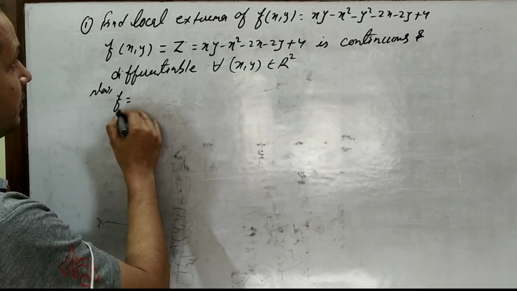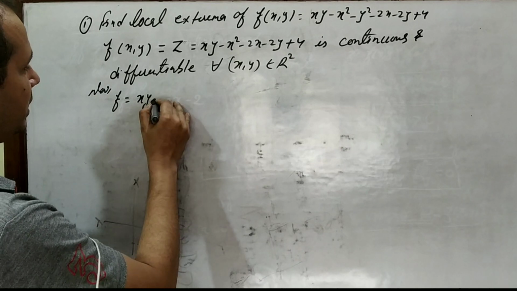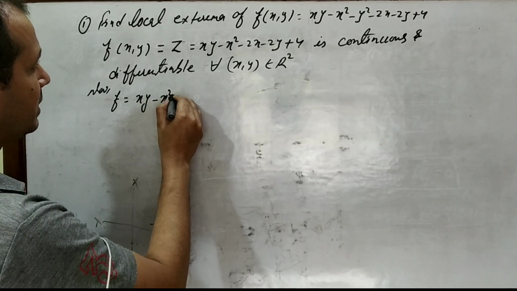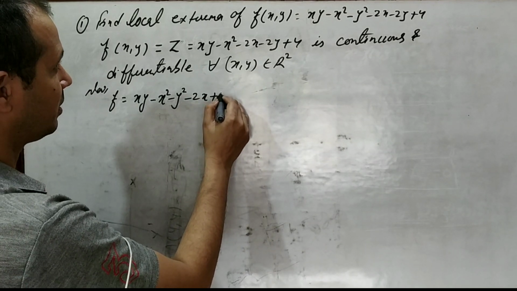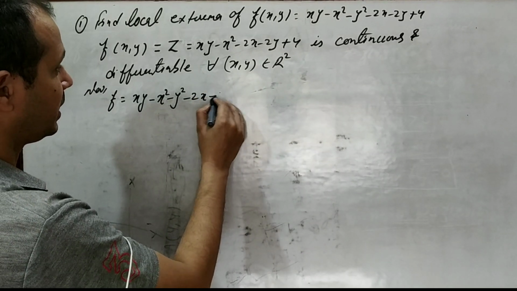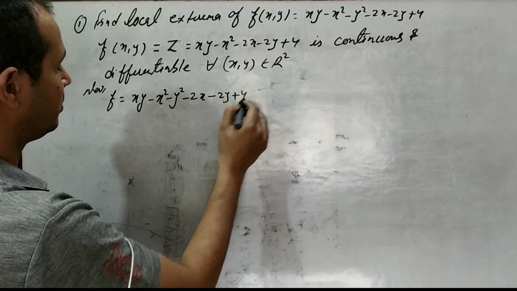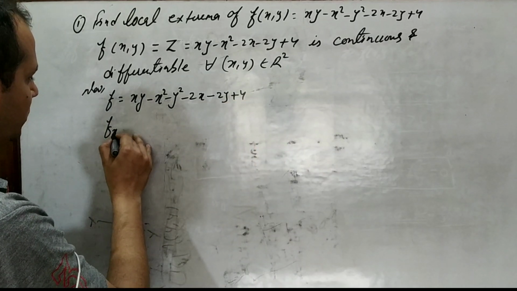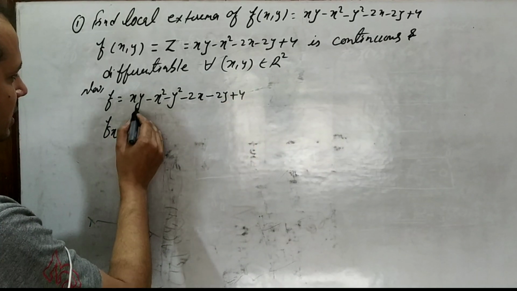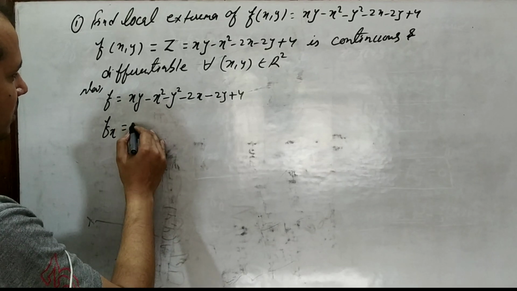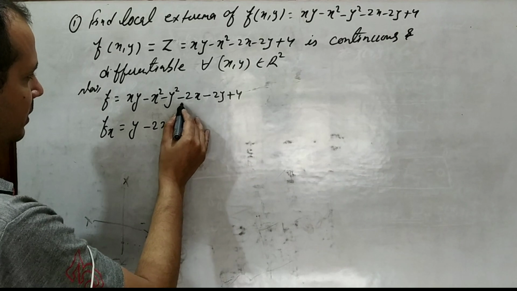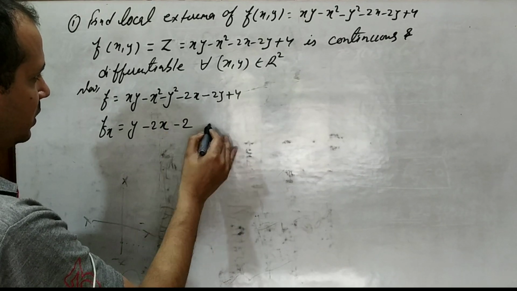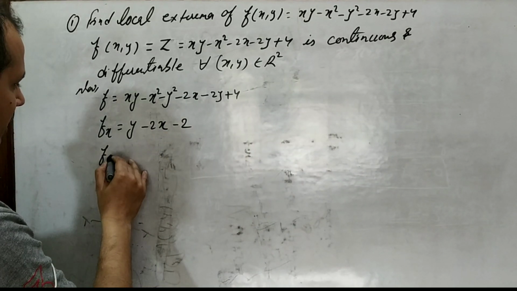Now we have f equal to xy minus x square minus y square minus 2x minus 2y plus 4. Now with respect to x, if we differentiate, y will be variable. So here we get y, here we get 2x, and here we get 2, remaining all 0.